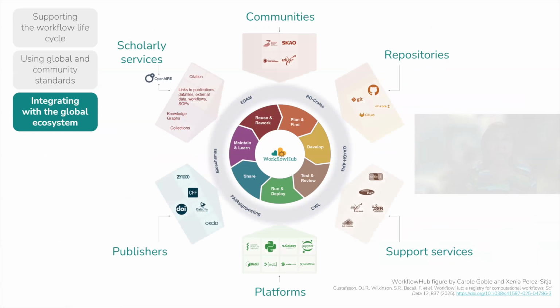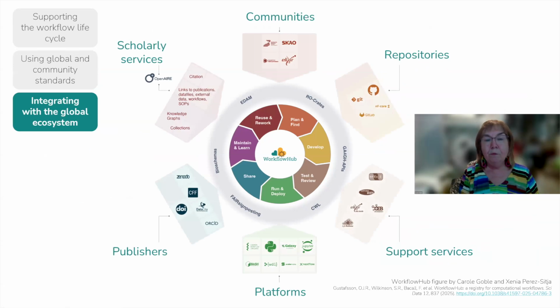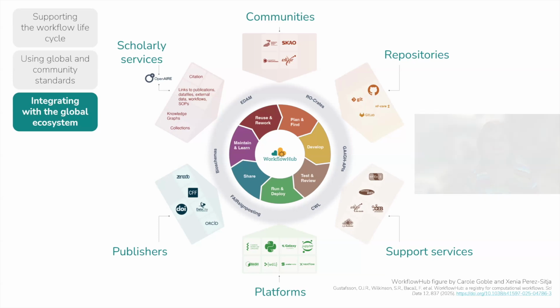So within our integration, one of the things we talked about was integrating with the global system. So we integrate with repositories, we integrate with various different support services, we integrate with various different workflow platforms, with publishing environments and scholarly services such as knowledge graphs and other infrastructures.